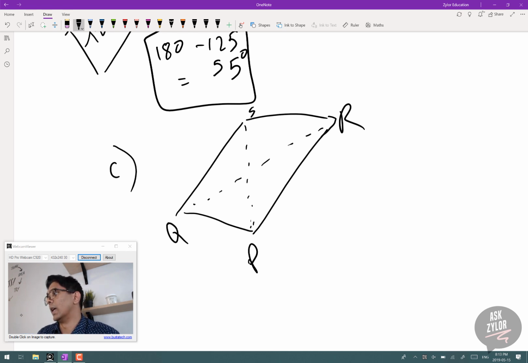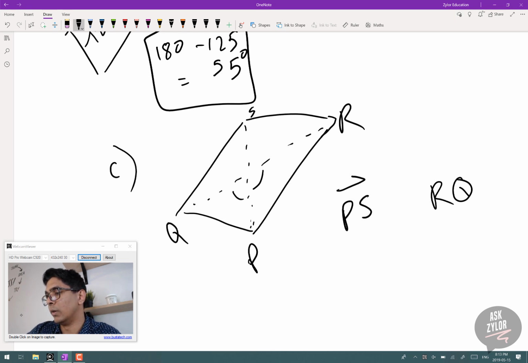For the measure of the angle between the diagonals, I can find this angle or this angle. So my diagonals are the vectors PS and RQ. Right? This diagonal or this diagonal.